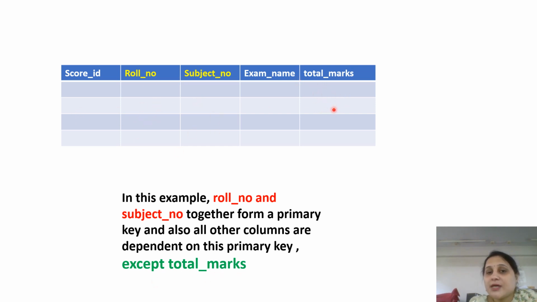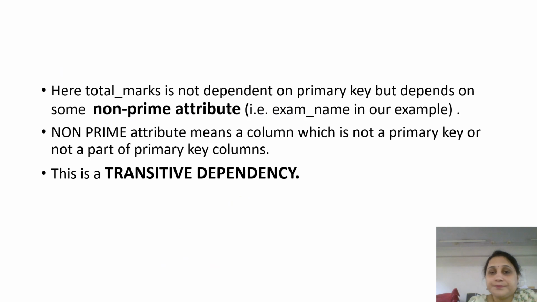This total marks should also be dependent on the primary key, that is roll number and subject number together. But you can observe here that total marks is not dependent on this, rather it is dependent on exam name. As I change the exam name, total marks will change. So total marks is not dependent on the primary key, but depends on some non-prime attribute, that is exam name.